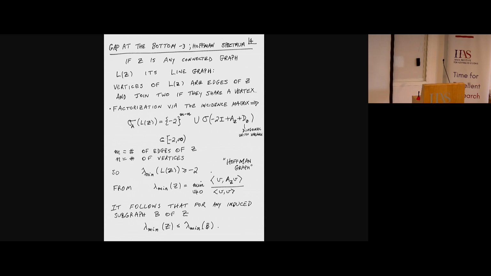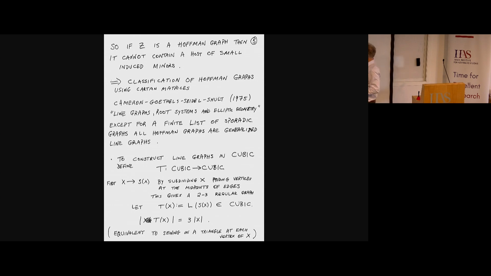And this is kind of the situation where you should expect, by a Seymour-Robertson kind of philosophy, that there's a clean theorem. And there's an absolutely clean theorem here. And it's this theorem which I think is not celebrated enough. It's a theorem of Cameron, Goethals, Seidel, and Shult, 1975, called line graphs, root systems, and elliptic geometry.